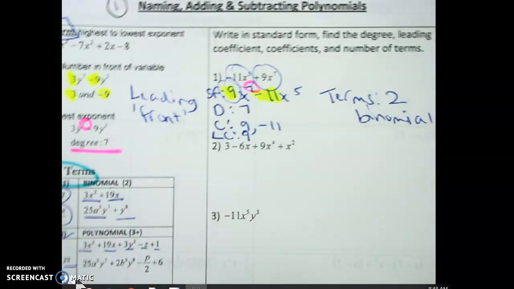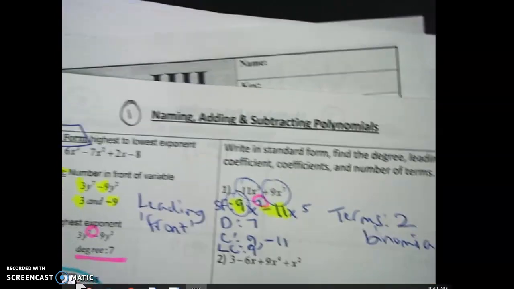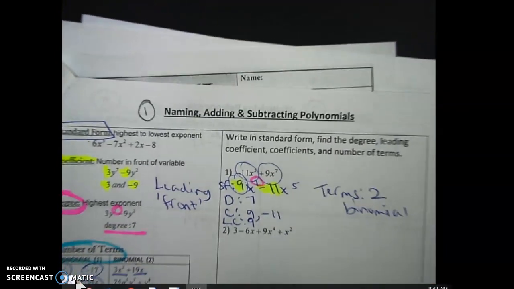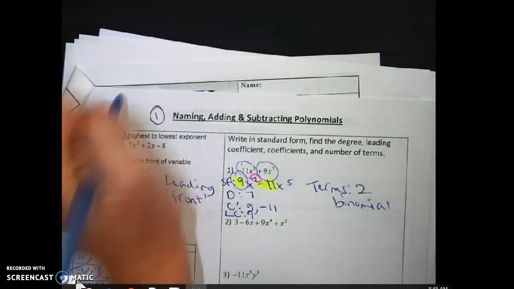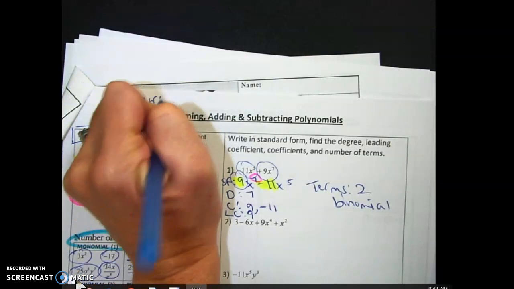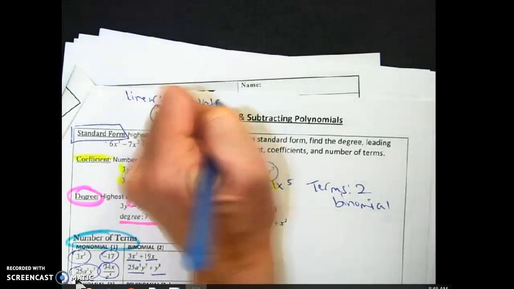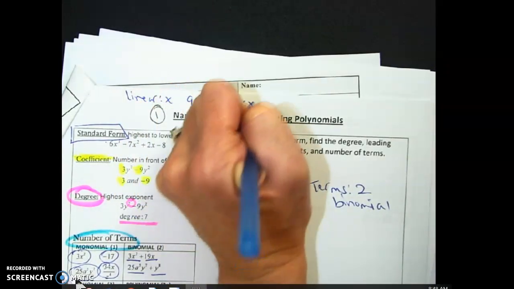Okay. Something else I want you to learn about is the different names, and I should have put this on here. So there's a linear, let's see, where can I put this? That'll be a good spot, whatever. A linear means it has an x. Quadratic means it has an x squared.